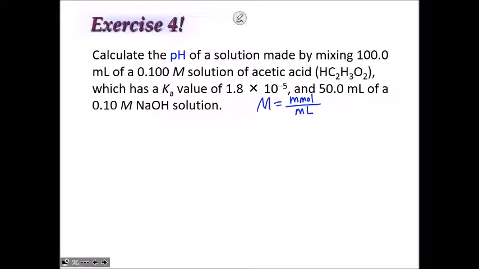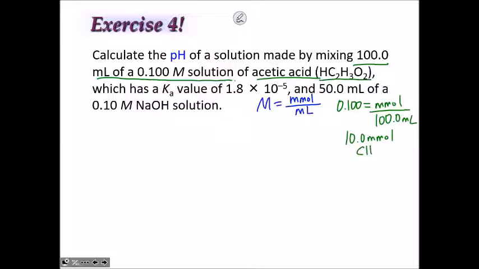So for our 100 milliliters of 0.1 of the acetic acid, we're going to do the 0.100 equals the millimole over 100 milliliters. That's going to give us 0.1 times 100. That's going to give us 10 millimoles of acetic acid. And also remember, acetic acid can be written like this.